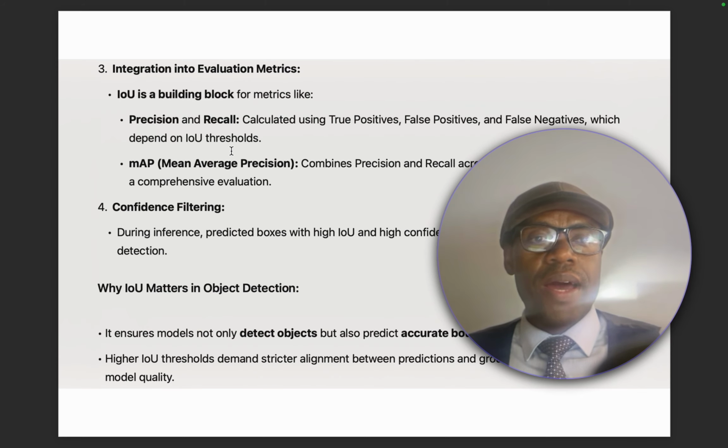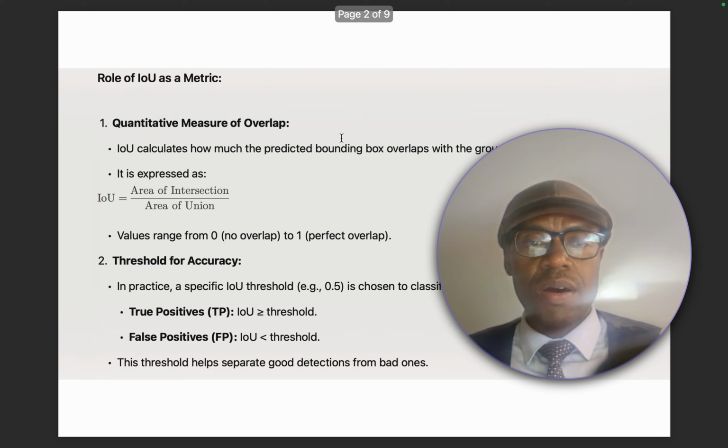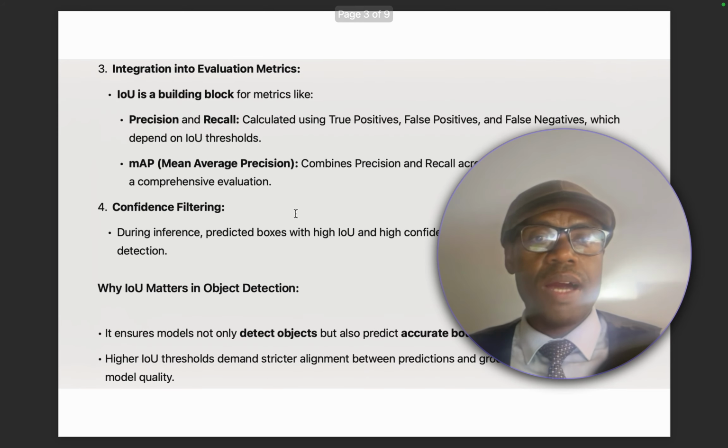The third role as a metric is integration into evaluation metrics. As we saw earlier, based on the IoU, we can find the true positives and false positives, and that's going to contribute to the calculation of precision and recall.